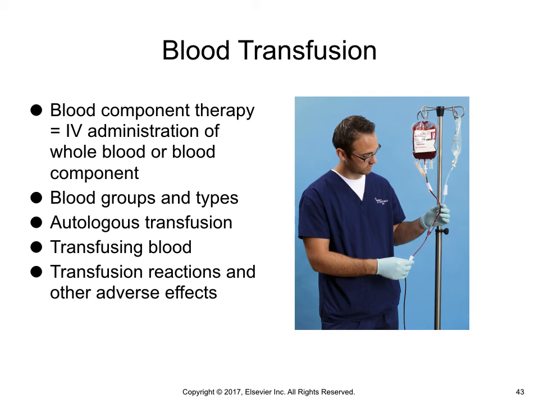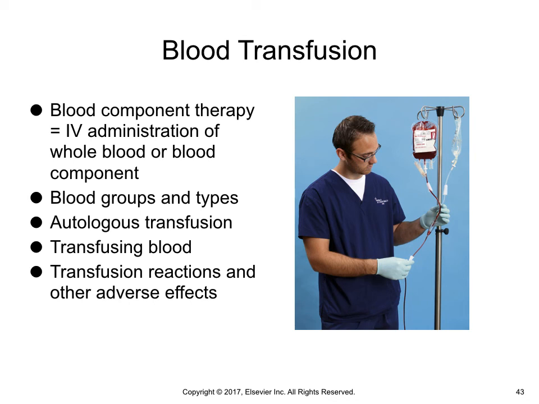Prepare to perform cardiopulmonary resuscitation. And 8. Save the blood container, tubing, attached labels, and transfusion record for return to the blood bank. Obtain blood and urine specimens per healthcare provider order or protocol.